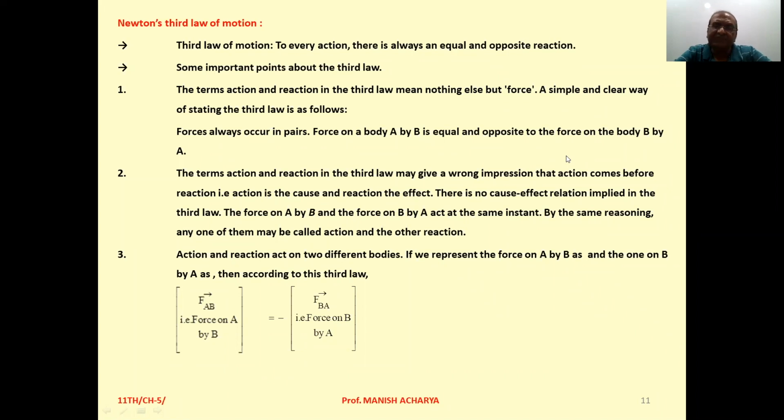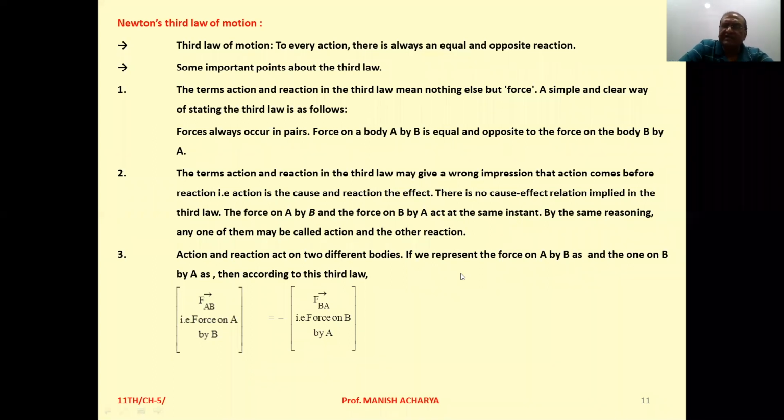When detailed studies were carried out in this direction by Newton, he then suggested the third law of motion, which says: to every action there is always an equal and opposite reaction. The rule is very simple. Clear? To every action there is always an equal and opposite reaction.